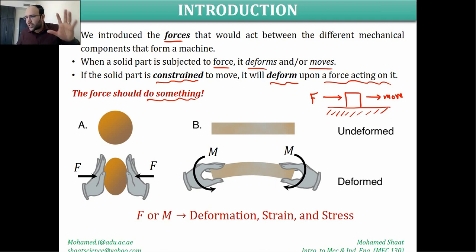All of these details are specifications of this box that is subjected to a certain force. So as a result of this force, this box is going to move with a certain displacement, velocity, and acceleration. So the response could be in the form of motion.